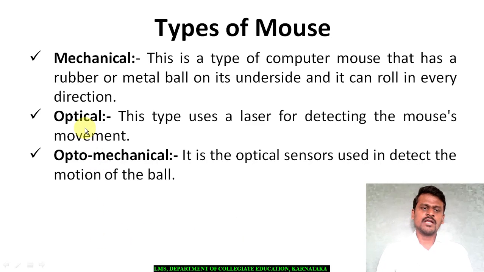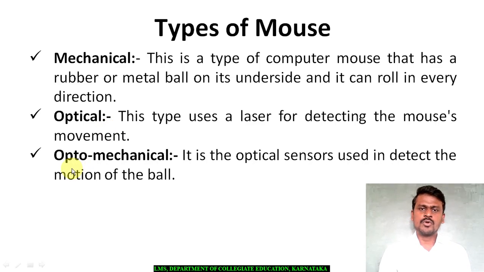Next is the optical mouse. This type of mouse uses a laser for detecting the movement of the mouse. The laser is placed within the optical mouse, and it detects the mouse movements with the help of the laser signals.